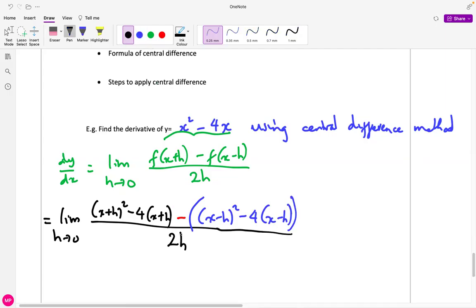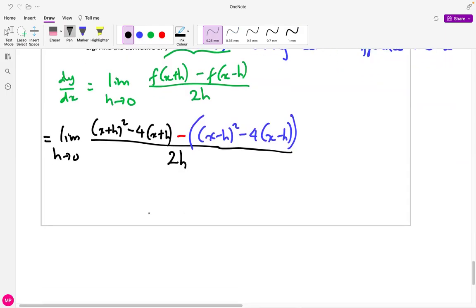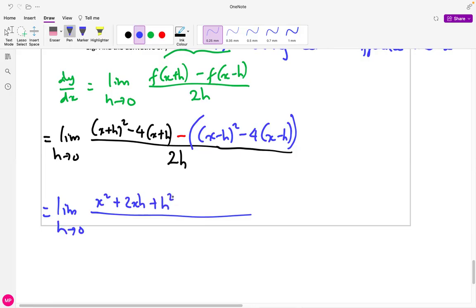Now all I have to do is simplify the whole thing here, which is a bit of expansion. So the limit of h approaching 0, x plus h squared is x squared plus 2xh plus h squared. And you're going to expand this one out, which is minus 4x minus 4h.